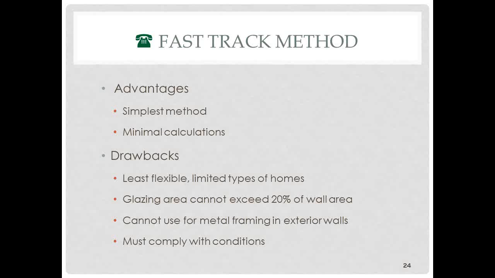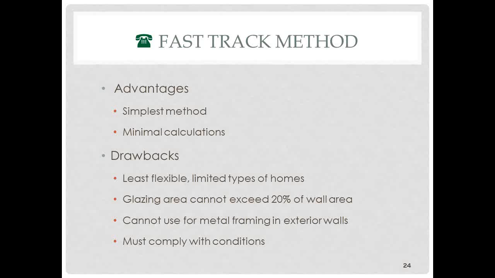And again, I'll just mention that the handbook has details on how you go about calculating that glazing percentage. Most houses in Vermont have less than 20% glazing. You can't use it for metal framing and exterior walls and some other building details that tend to be uncommon in Vermont.